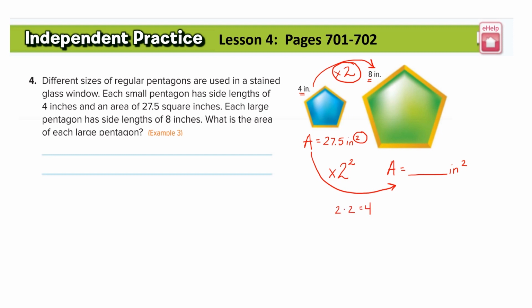So we have to multiply by 4. 27.5 times 4, and that equals 110 inches squared.